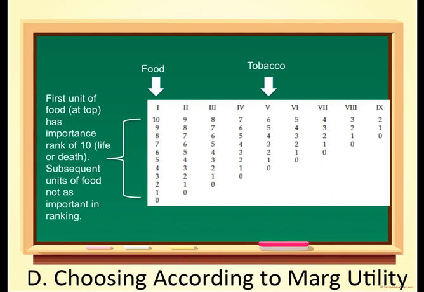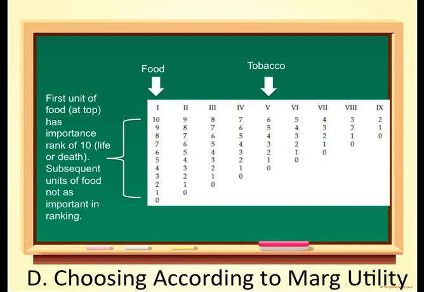So a 10 is the most important thing. So these things are ranked with 0 meaning it's not important and 10 meaning it's extremely important. Namely, it's the difference between life and death. And then 9 means, oh, this is something that is pretty important, but it's not life or death. But it's way more important than something that's 0.